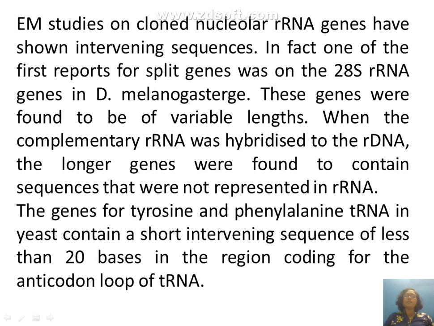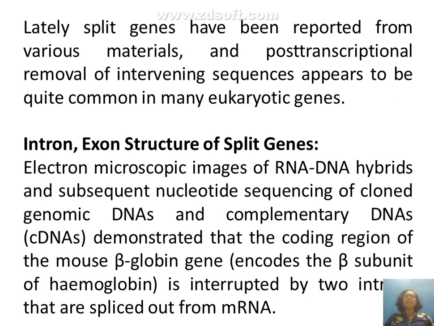So where were they located? They were located in the coding region of the anticodon loop of tRNA. Now, lately split genes have been reported from various materials, and post-transcriptional removal of intervening sequences appears to be quite common in many eukaryotic genes.